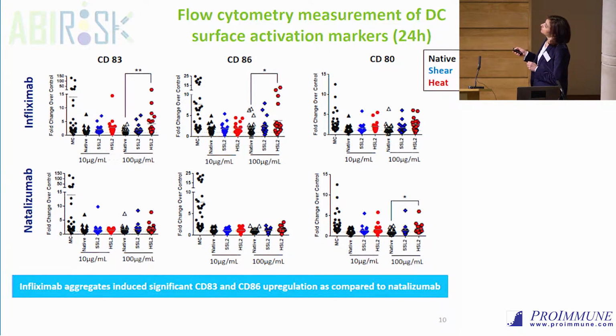And you can see here that neither native antibodies nor shear stress aggregates were able to upregulate these markers, whereas for infliximab you have upregulation of CD83, CD86, and not CD18.